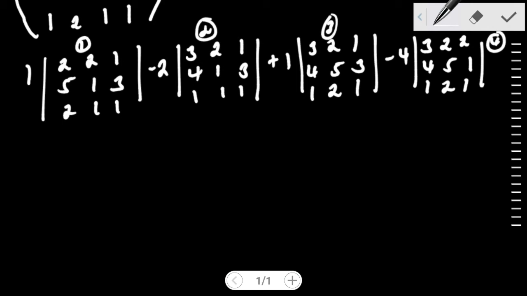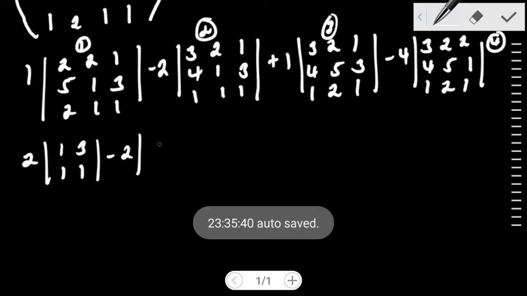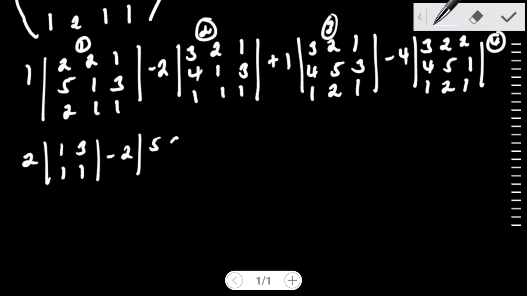Let me start with the first one. So this is 2 times the matrix 1 3 1 1, then minus 2 times 5 3 2 1, plus 1 times 5 1 2 1.